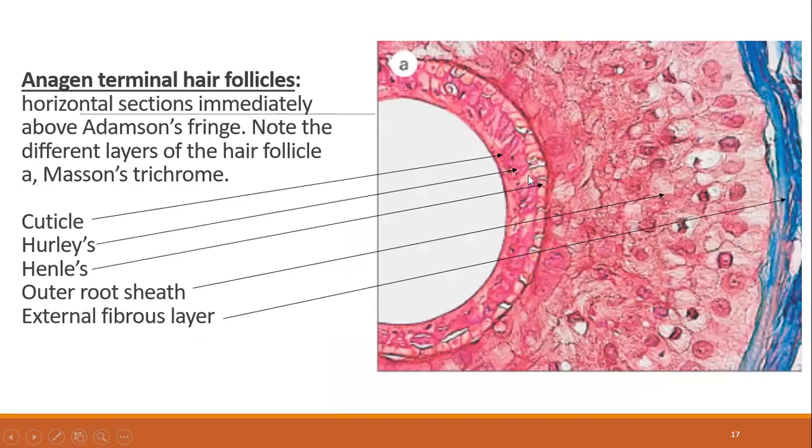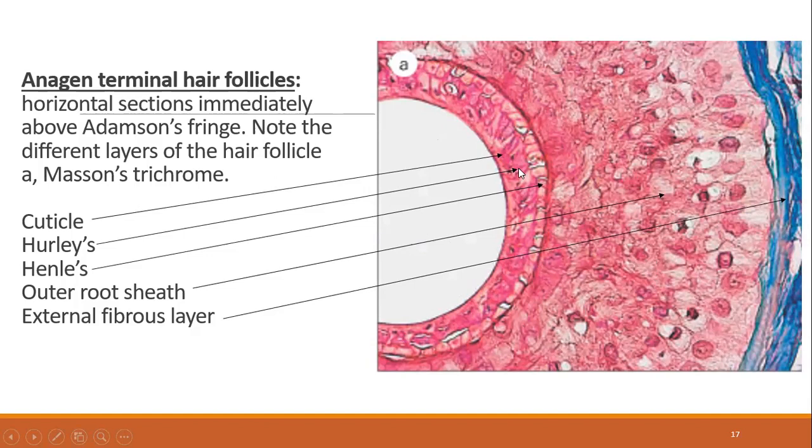Now, this is a horizontal cross-section through the lower segment, immediately above the Adamson's fringe. Note the different layers of hair follicles, and the stain is Masson trichrome. So this is the inner root sheath, and the most interior portion of the inner root sheath is called the cuticle.